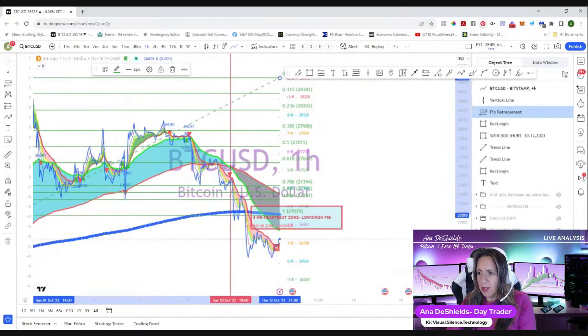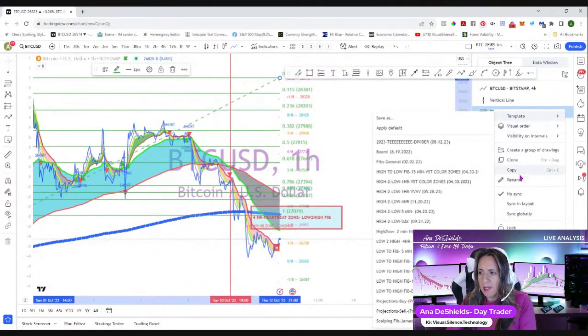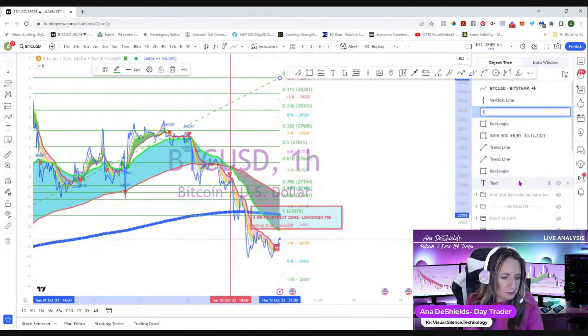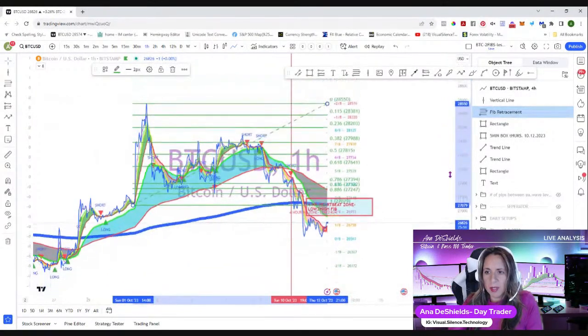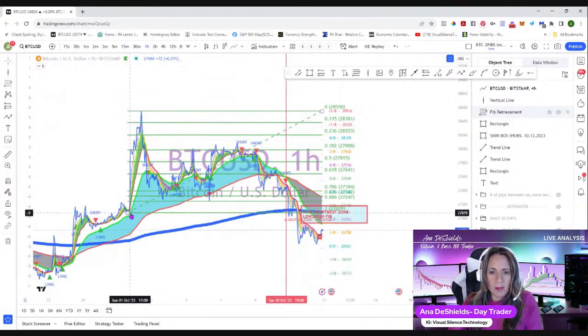So what I need to do is rename this really quick. Excuse me, this is our 1 hour fib from low to high. And normally I put when I started it. Let me go ahead and just do that, because I have different charts with different information on it, but I do want to show you traders how you can identify your market analysis work, your technical analysis work.